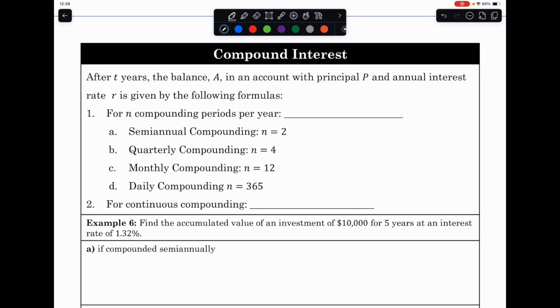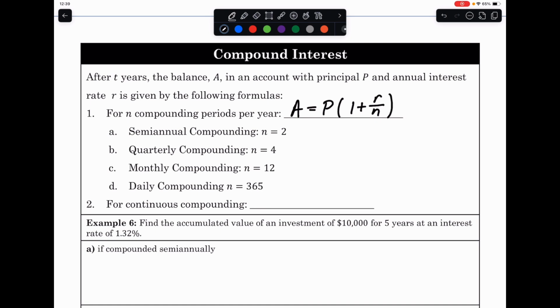Now, the compound interest formula is the following. A, which is the account balance, equals P, the principal, the amount that we're going to start to invest or put into a savings account, multiplied by 1 plus r, where r is our interest rate, normally given as a percentage, divided by n. n is the compounding periods per year.